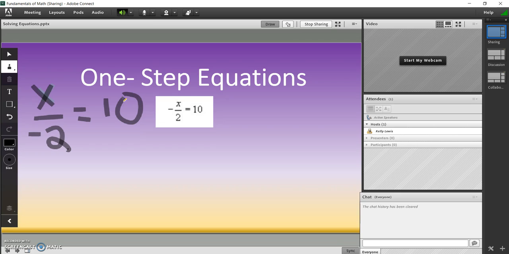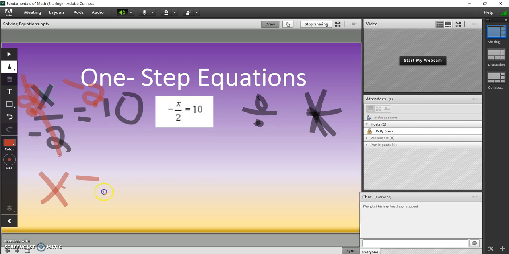So that negative 2 is being divided. The opposite operation of division is multiplication. So I'm going to multiply both sides, whatever you do to one side you have to do to the other, by negative 2. They will cancel because negative 2 divided by negative 2 is 1. And negative 2 times 10 is negative 20.